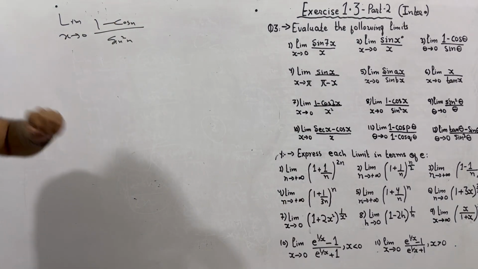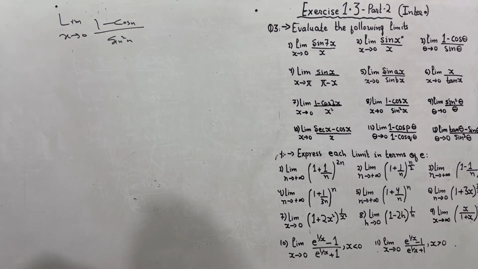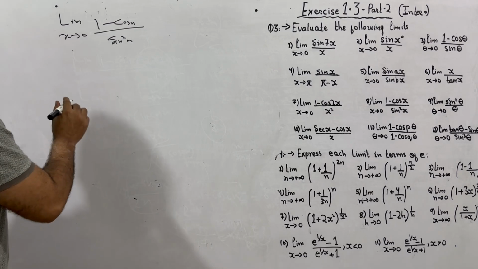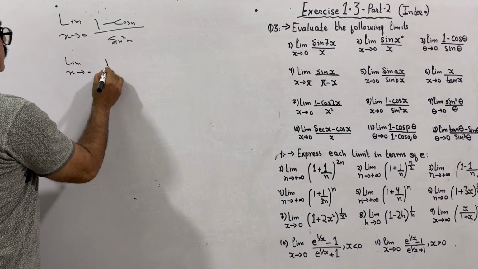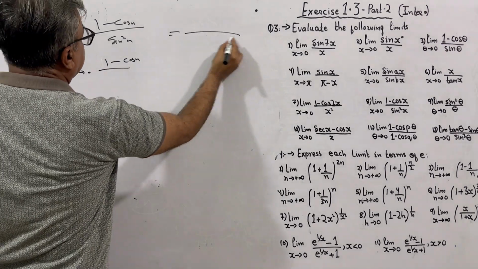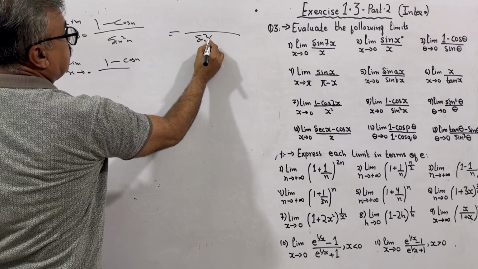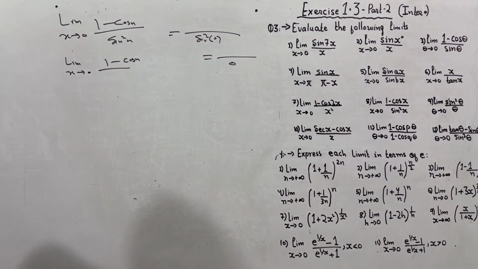You can rationalize by dividing and multiplying by 1 plus cos x, or 1 minus cos x is equal to 2 sin square x upon 2. Let me start with a 100% different strategy. Limit x tends to 0 of 1 minus cos x: putting the direct limit, sin square 0, sin 0 is 0, so the denominator is 0, it is an indeterminate form.